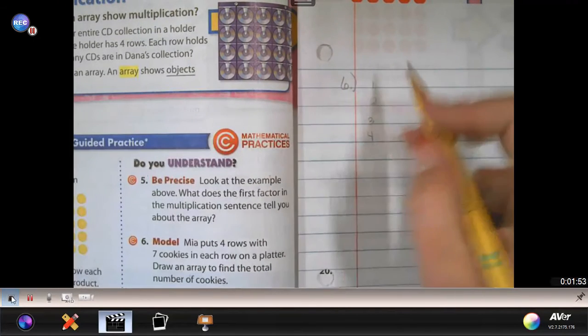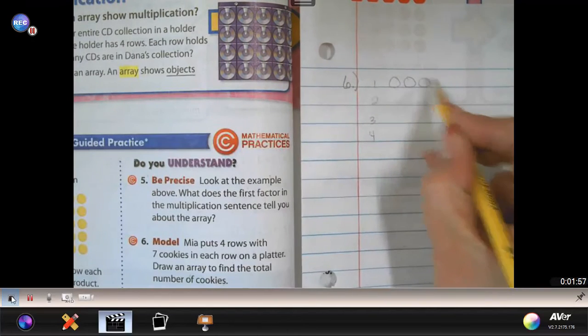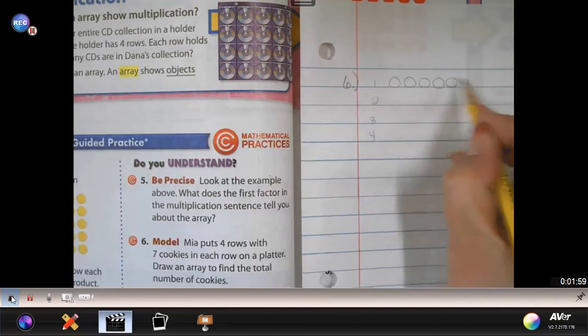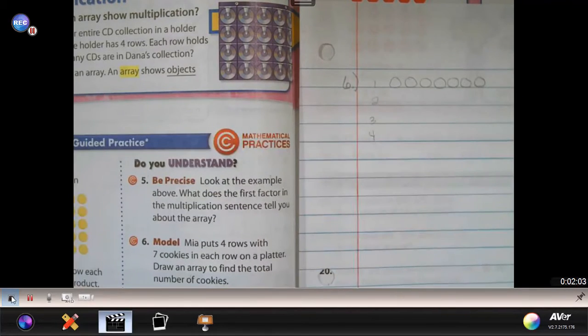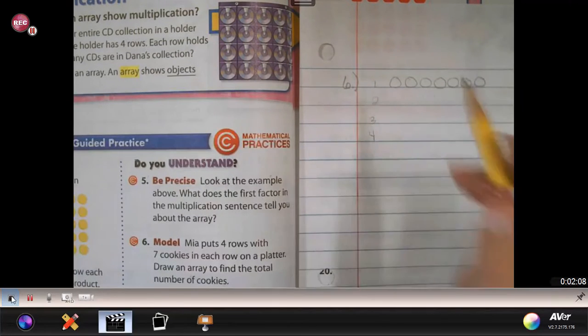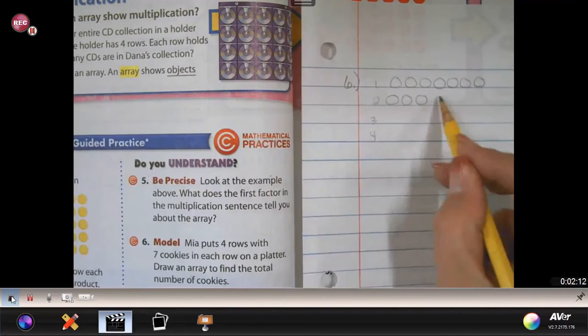And we are saying that each row is going to have 7 cookies. So 7 cookies could be 5 and 2, 3 and 4, 1 and 6. Depends on how you want to place those cookies and think about it. But make sure you're putting 7.